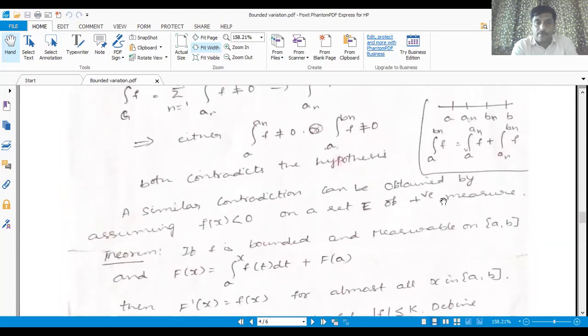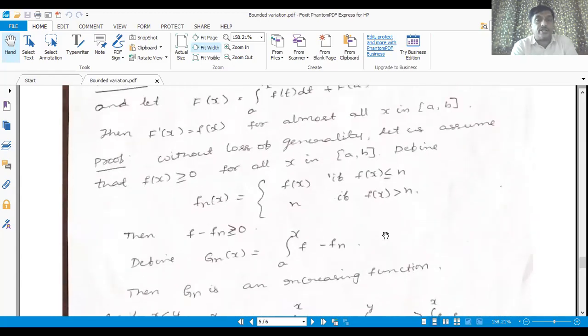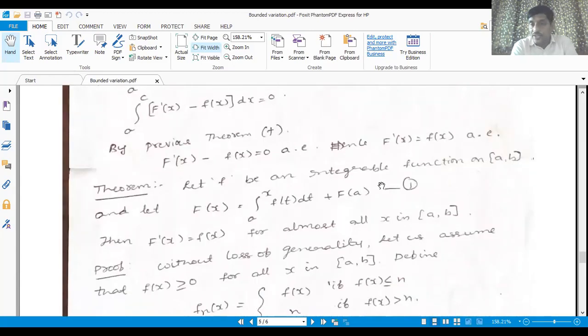You can observe the previous theorem was for bounded and measurable, and this theorem also holds in terms of f being an integrable function.